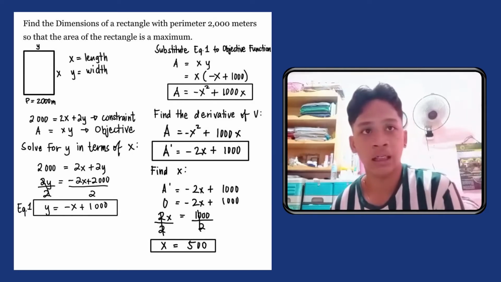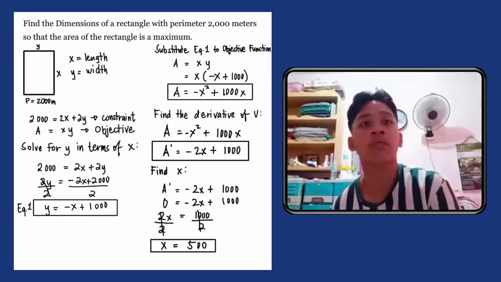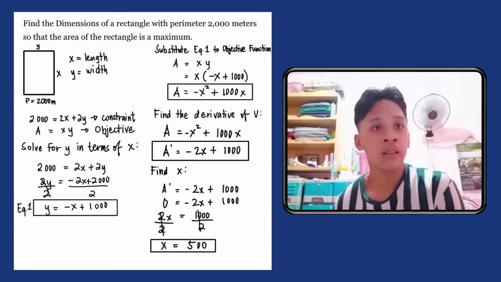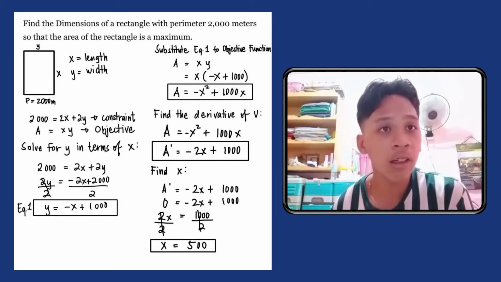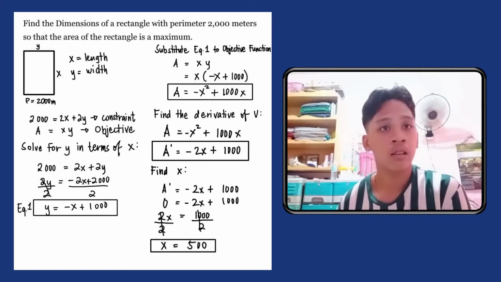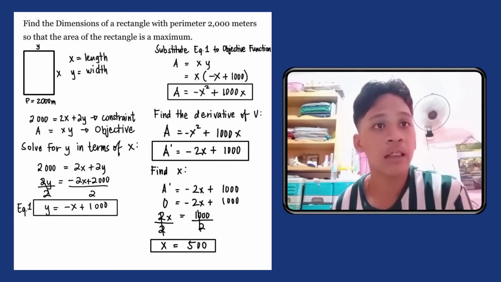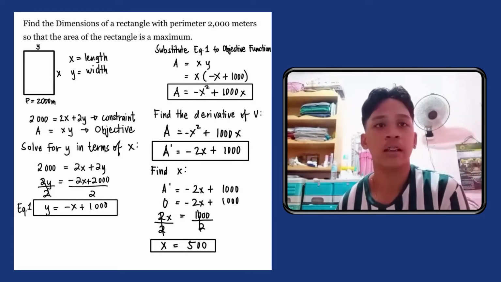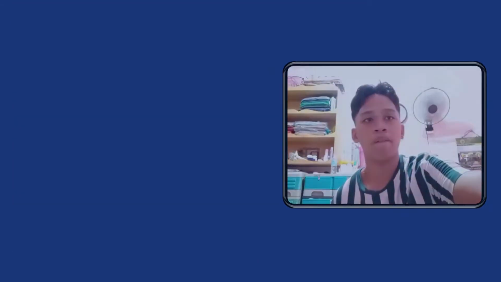Find x. Set 0 equal to negative 2x plus 1000. Then 2x over 2 equals 1000 over 2, and x is 500. That's it.